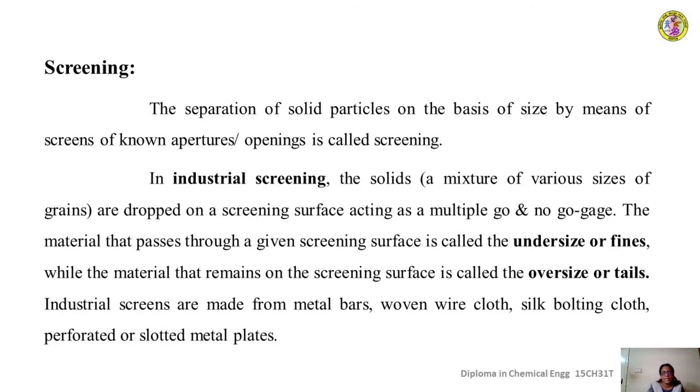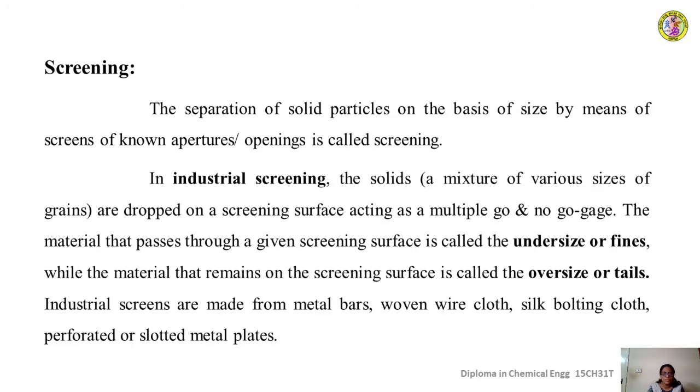Basically, the screening operation involves a mixture of solid particles being taken and dropped on a screen that acts as a go and no go gauge. That means the screen has the ability of not allowing certain particles to pass through and only allowing some particles to pass through, depending on the size of the opening in the screen. That is what is known as acting as a go and no go gauge.